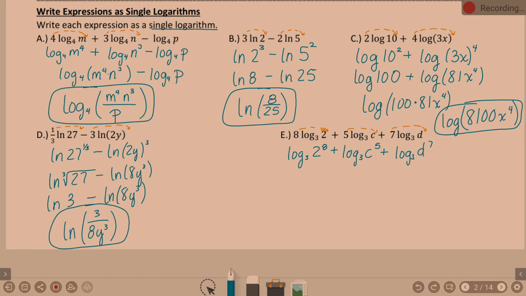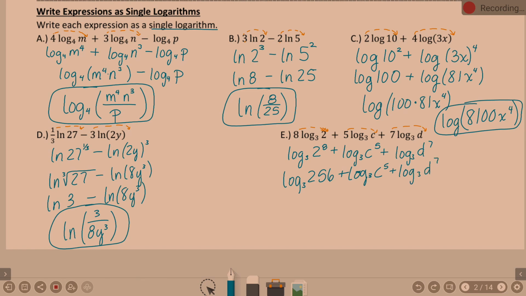Okay. At some point, you're going to want to say, what is 2 to the 8th? And 2 to the 8th is 256, you said? So this is log base 3 of 256. Still having log base 3 of c to the 5th. And still having log base 3 of d to the 7th. We're used to saying 2 logs being added.